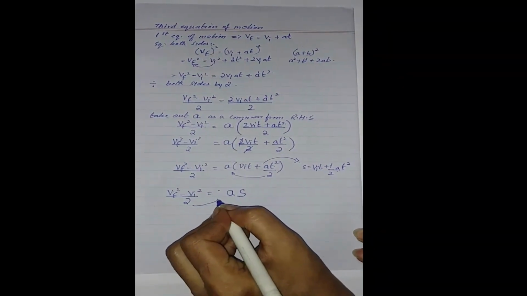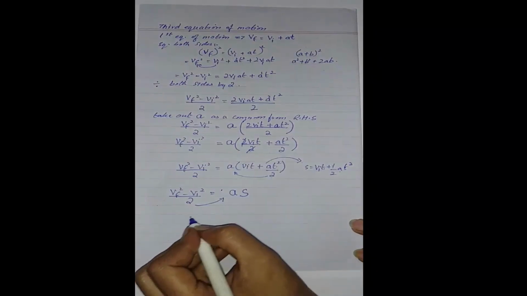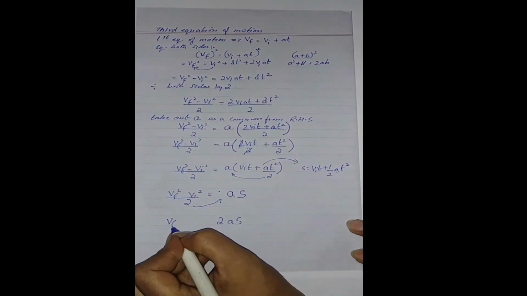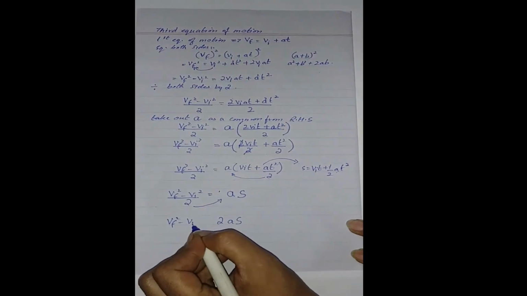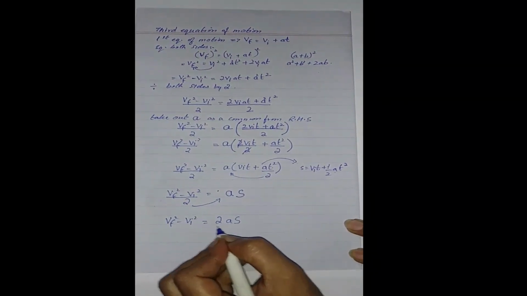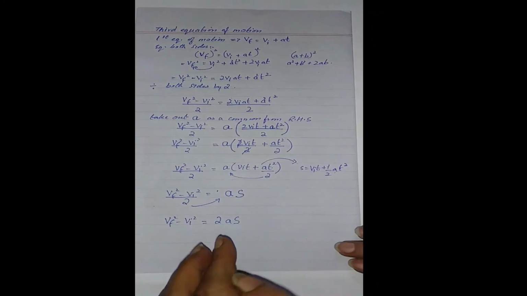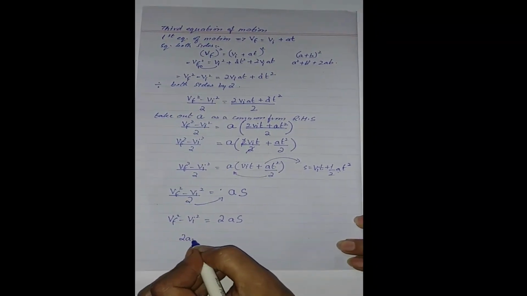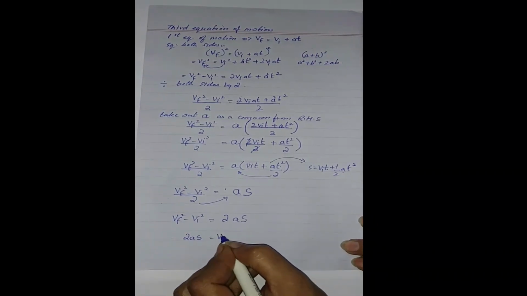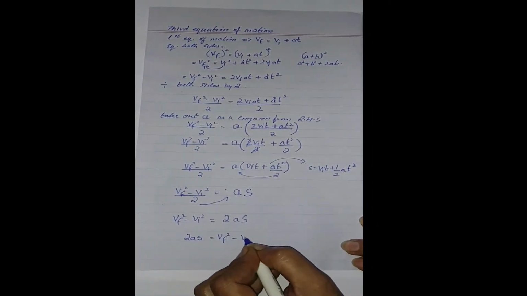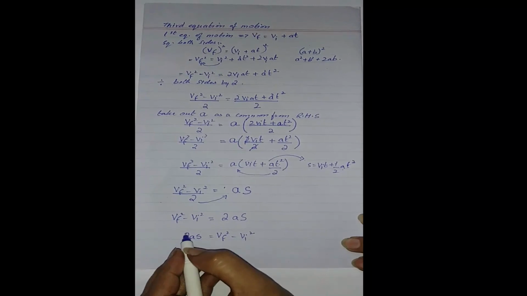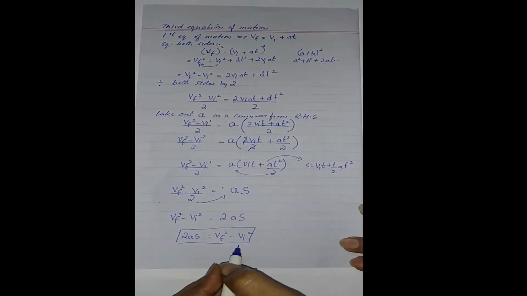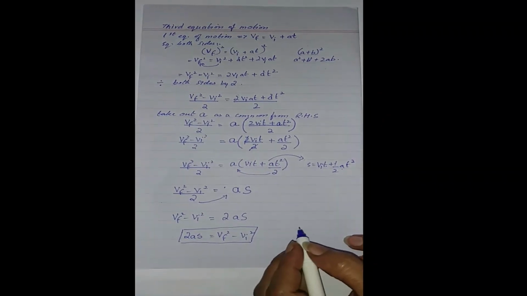This 2 will move here and it will form 2as. Vf square minus Vi square is equal to 2as. Now we are going to inverse that equation. It will become 2as is equal to Vf square minus Vi square. And that is the third equation of motion given by Newton.